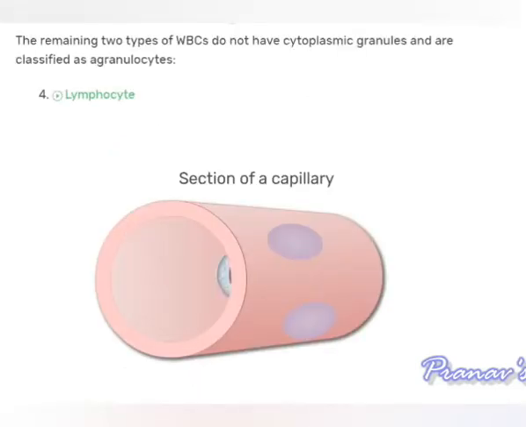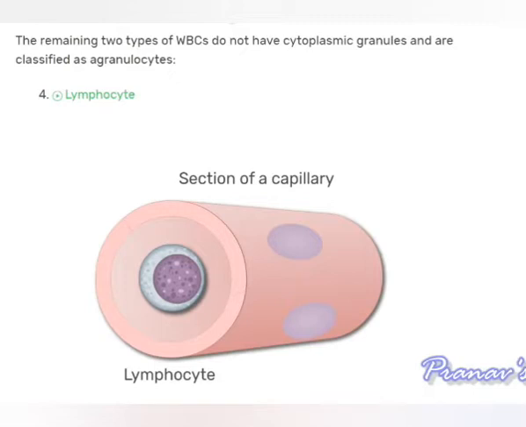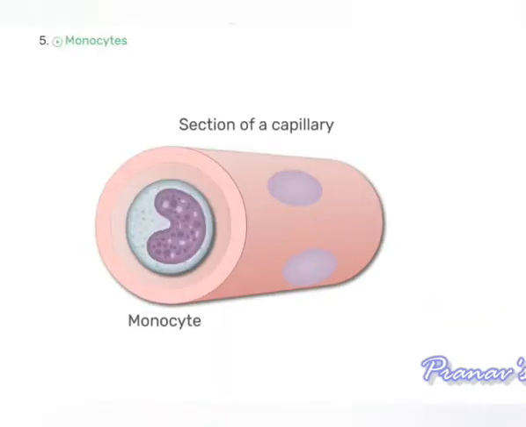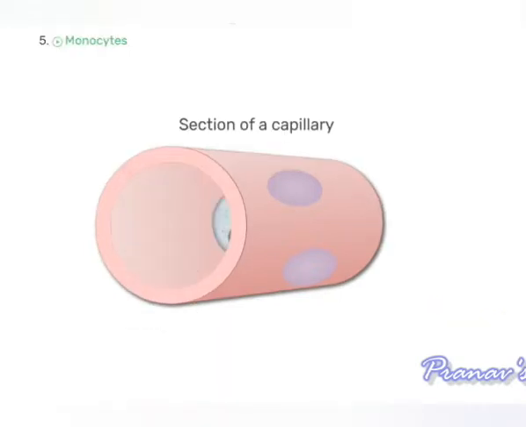The remaining 2 types of WBCs do not have cytoplasmic granules and are classified as agranulocytes. First is lymphocyte and the second one is monocyte.